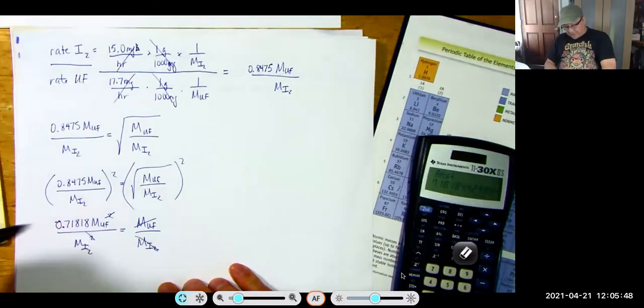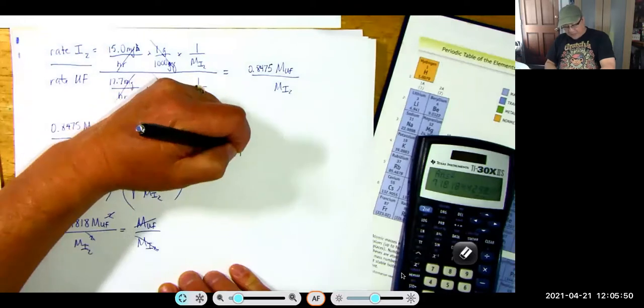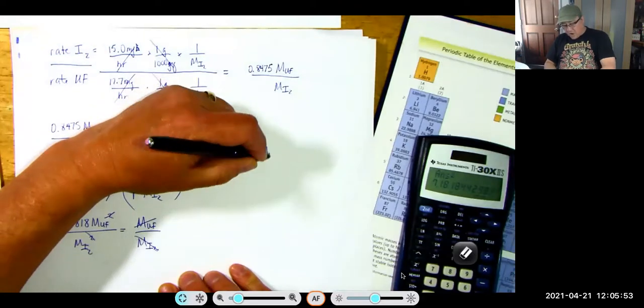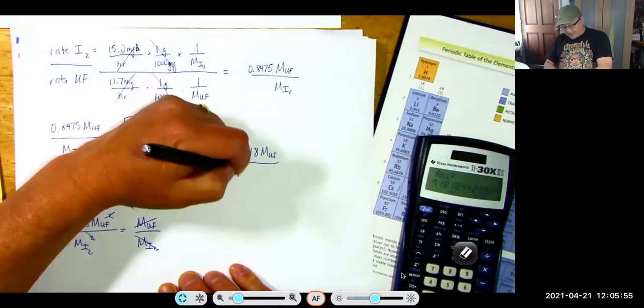So now we have 0.71818 times the molar mass of UF over the molar mass of I2 is equal to 1.